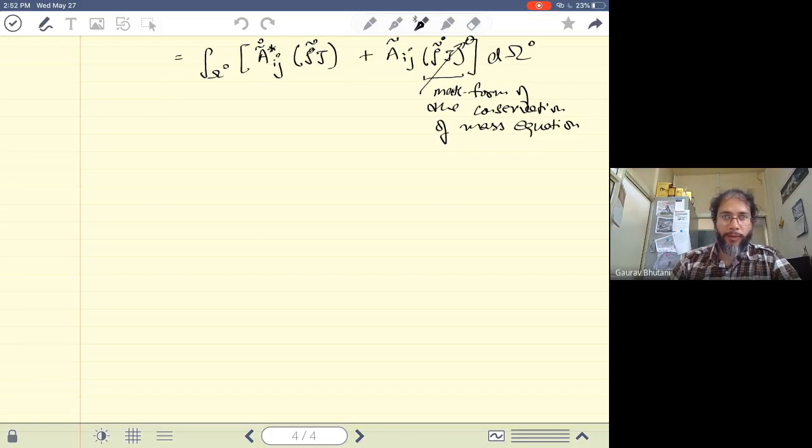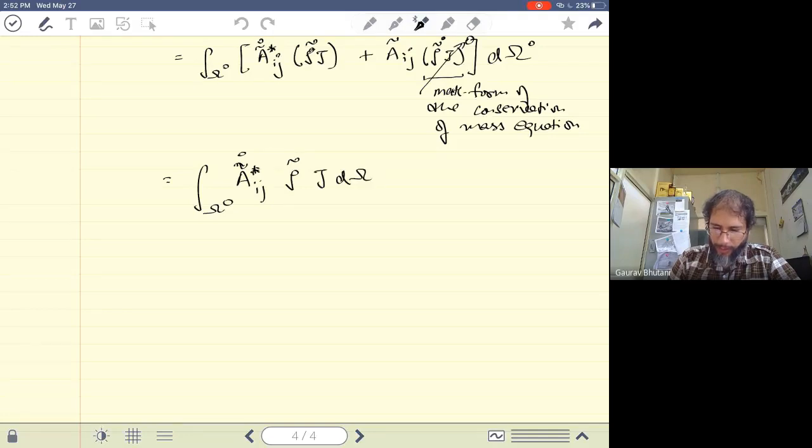All right, so we only have the first term remaining now. So this becomes the integral over omega naught of the material derivative of A star tilde, times rho tilde J d omega naught. Very similar approach. Now J times d omega naught can again be written as d omega.